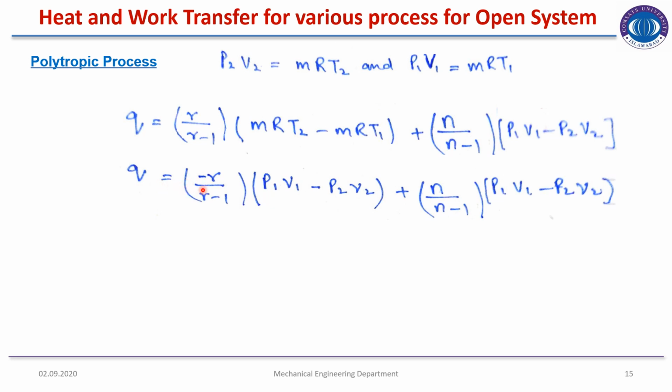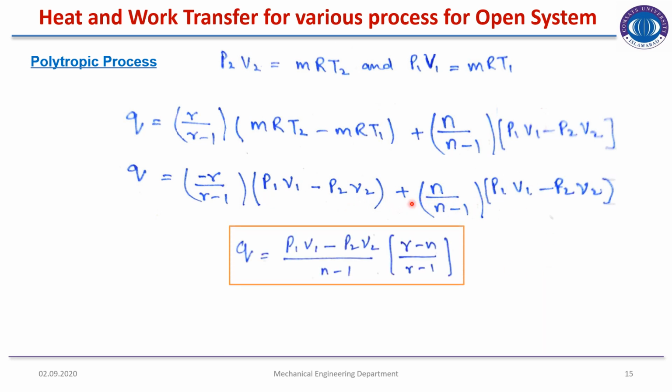So Q is equal to minus gamma over gamma minus 1 into P1 V1 minus P2 V2 plus N, that is the control volume work done for polytropic process. So the value of heat transfer for polytropic process is P1V1 minus P2V2 over n minus 1. We have taken the common term P1V1 minus P2V2 common and other terms in the bracket.